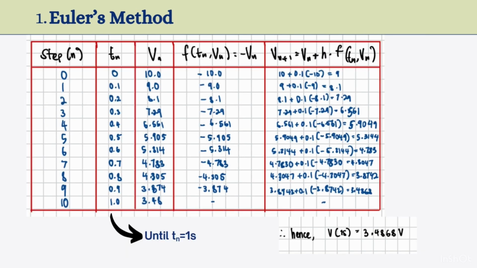For the calculation step, using the formula above, starting from V0 equal to 10 volt, we apply the formula 10 times, since t is equal to 1 second and h is equal to 0.1 second. And then for the final step, which is step 10, we will get the value of V equal to 3.4868 volt.